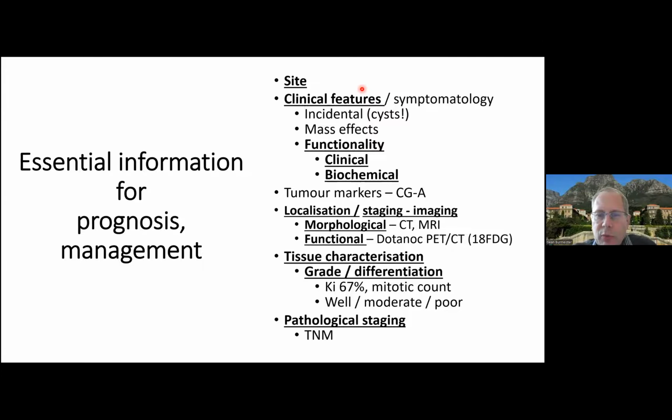And the differentiation would be described as well, moderately or poorly differentiated, based on histological characteristics. And then lastly, staging is done via a TNM classification, which is fairly straightforward. This probably plays less of a role, in fact, than the tissue characterization does.